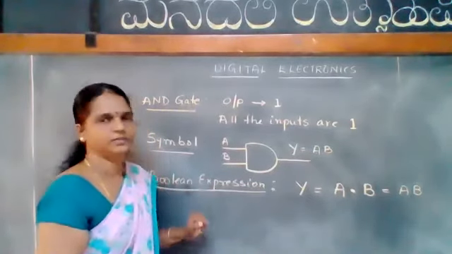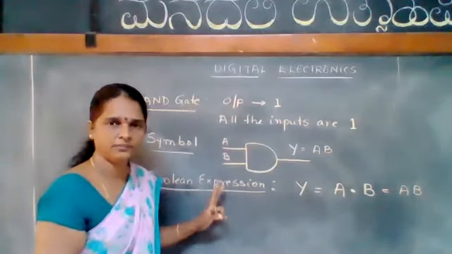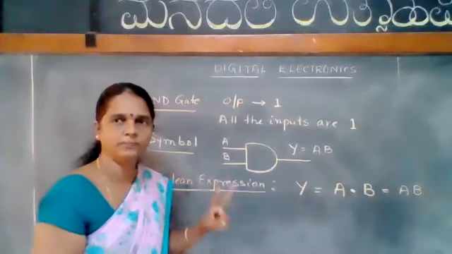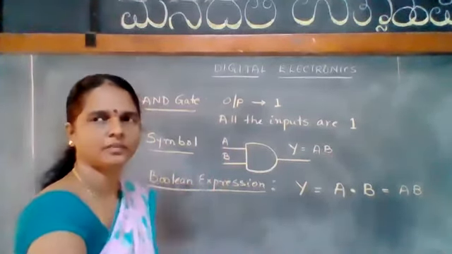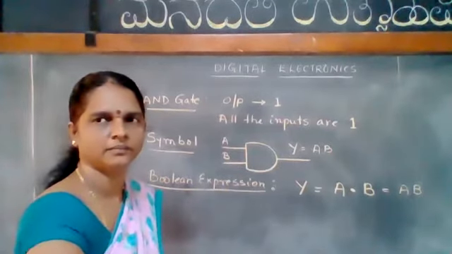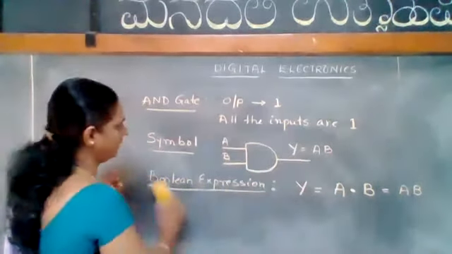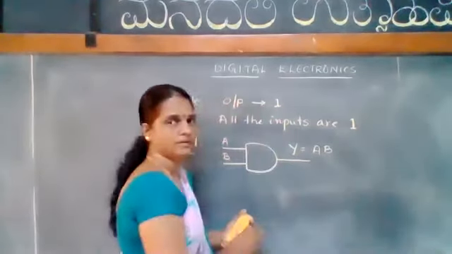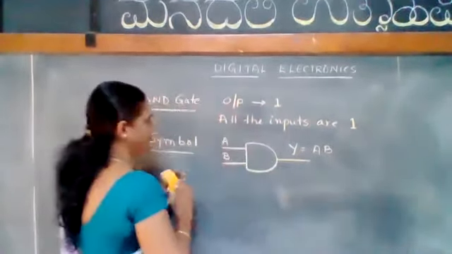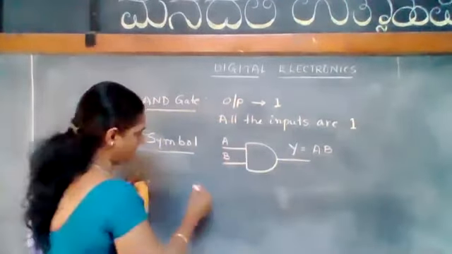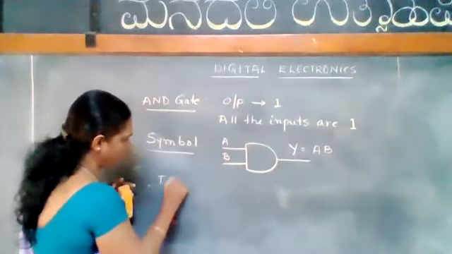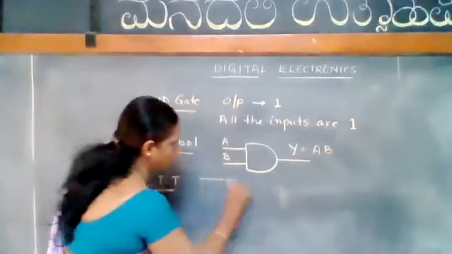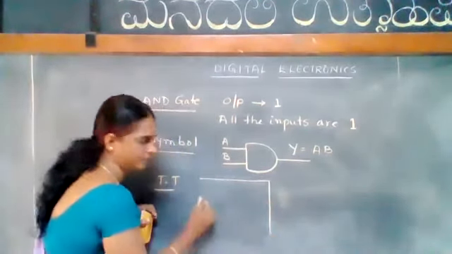Let us write the truth table for this. Now here we have taken two inputs. How to write the truth table for this? I'll write the truth table here. If I write T, that indicates the truth table. Write the inputs.